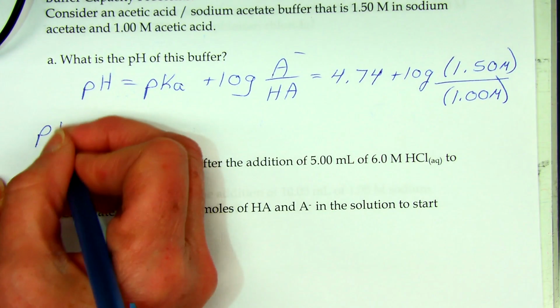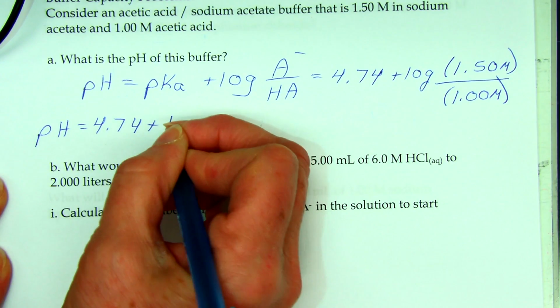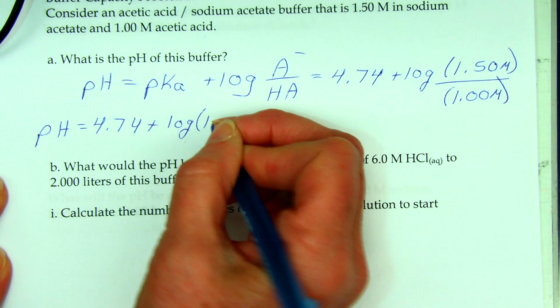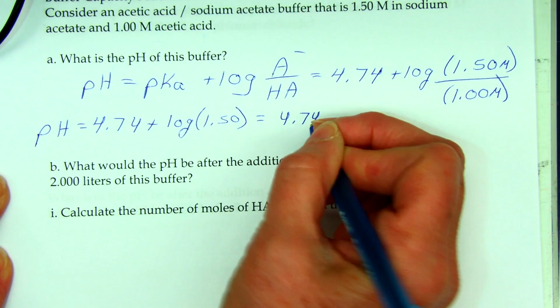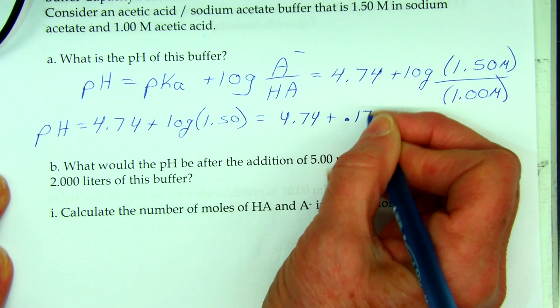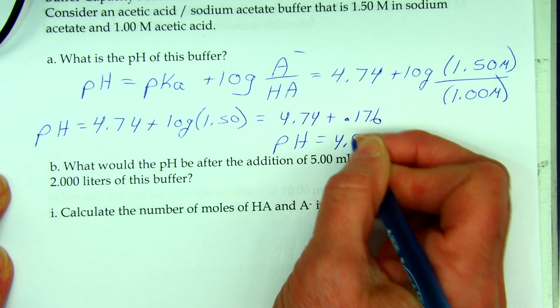So pH is equal to 4.74 plus the log of 1.50. So that's 4.74 plus 0.176. So the pH is 4.92.